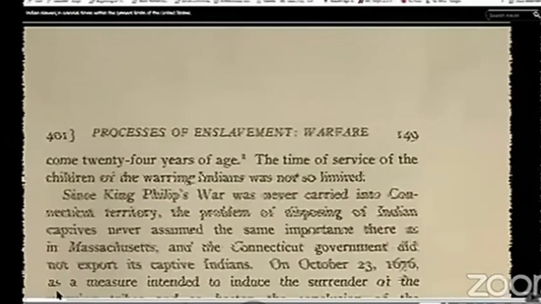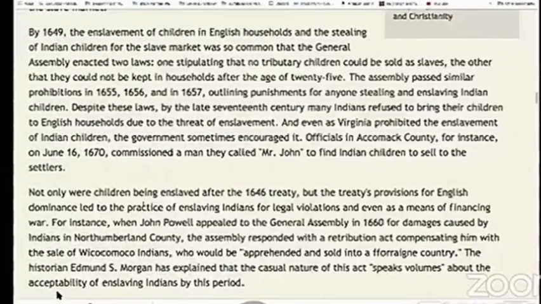Hope you understand it. Encyclopedia Virginia.org says here, by 1649, the enslavement of children in English households and the stealing of Indian children for the slave market was so common that the General Assembly enacted two laws. One stipulating that no tributary children could be sold as slaves, the other that they could not be kept in households after the age of 25.